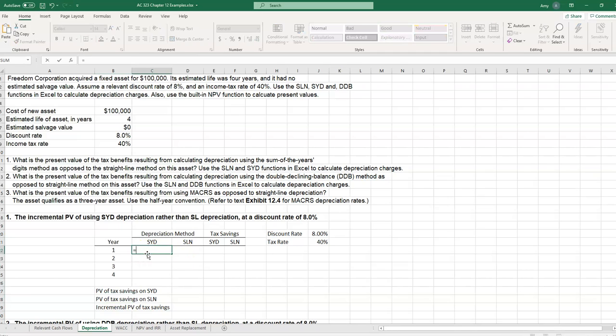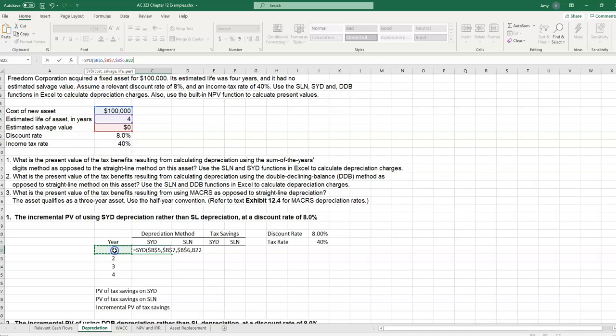So we have the SYD, or sum of years digits depreciation. We need the cost, the salvage, the life, and then the period is the year here. So we select cost, salvage, life, and if we lock all of those cells, then we can copy our formula.